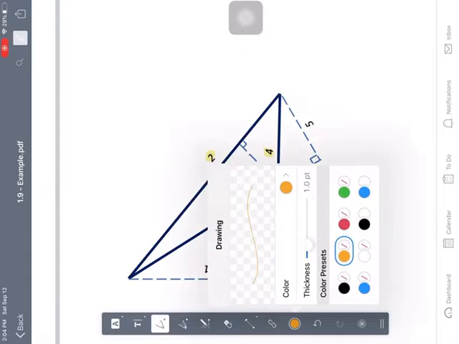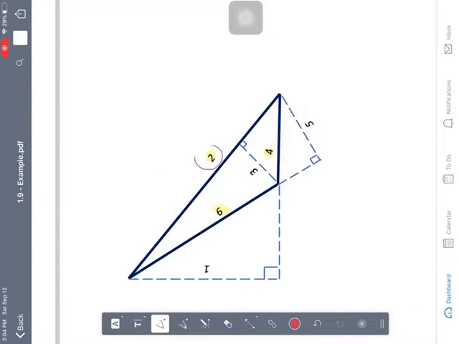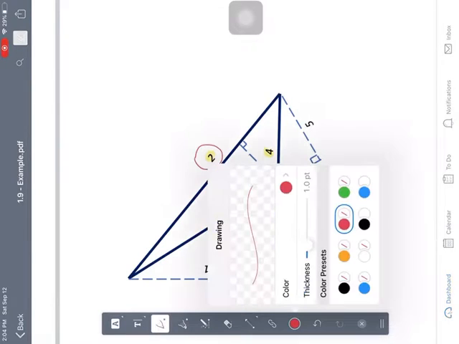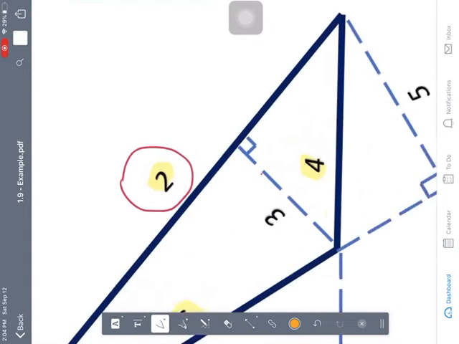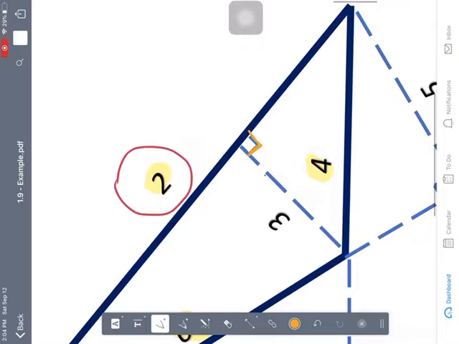So if I'm choosing to use this base, then I have to have a perpendicular angle to that base, which here is my right angle to that base. So that means that I need to use this line for my base and my height because it forms a perpendicular angle.